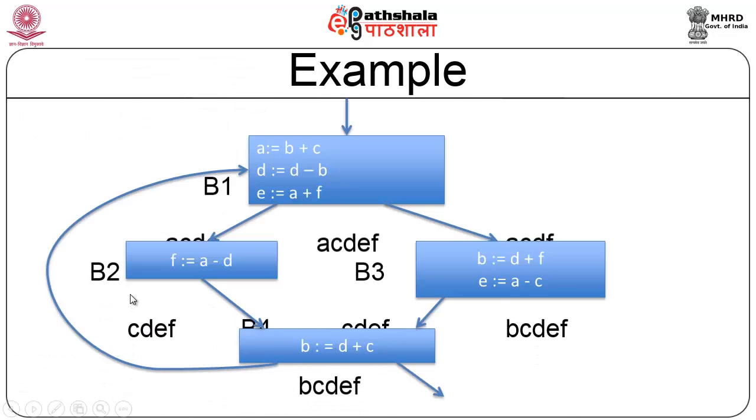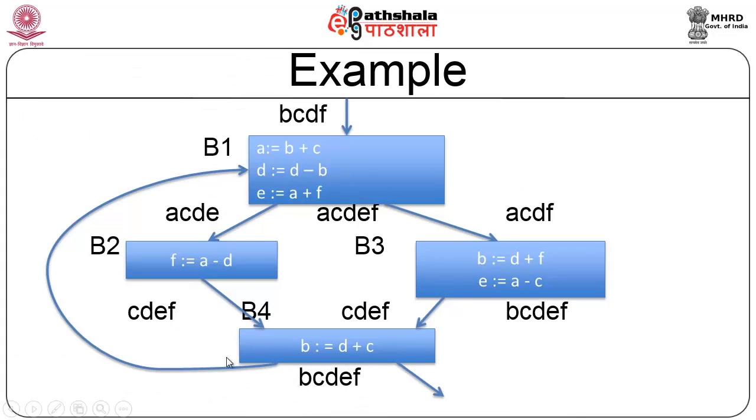Based on this, we have already seen this example in the analysis. Here B, C, D, F are the input to this particular block. The definitions of this block are A, D, E, they are defined here, and the use of this block are B, C, not D, because D is also defined here, and F. B, C and F are used here, and A, D and E are defined here.